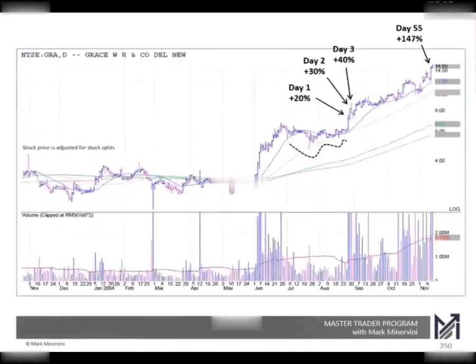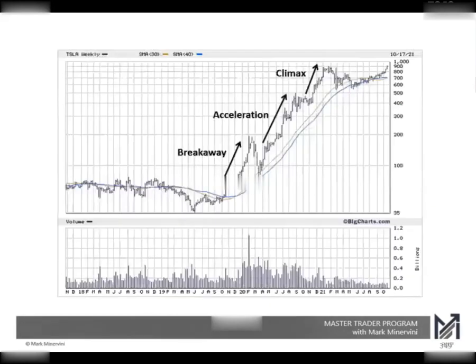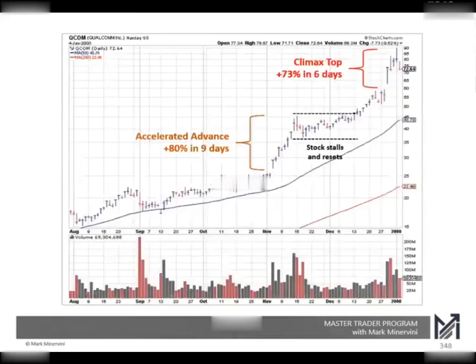So here's one, go ahead. Mark, one thing I would like to add is, you used Qualcomm as an example, that was a big stock during the 1990s. Sometimes the market identifies this as the stock that everybody should own, and it just gets so much attention.